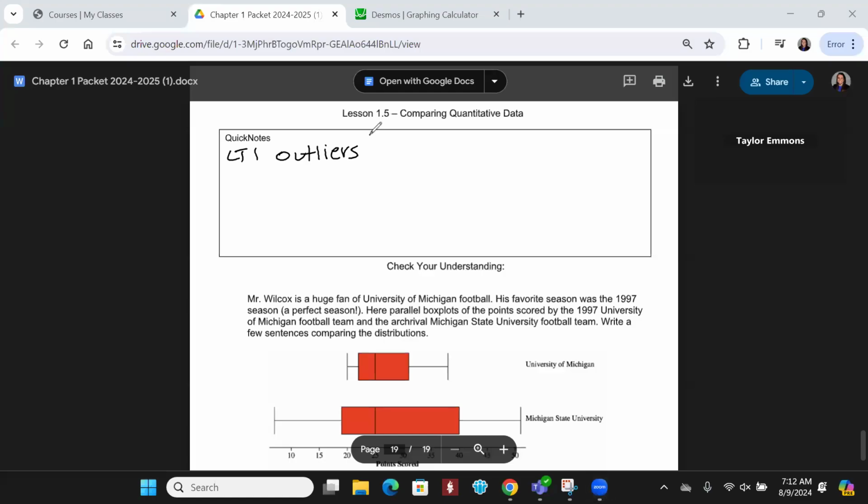Learning target number 1, we were talking about outliers. Okay, so we talked about that 1.5 times IQR, where the low outlier was less than Q1 minus 1.5 times IQR.